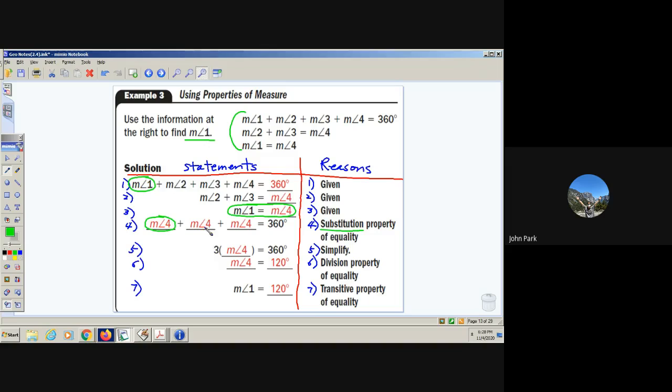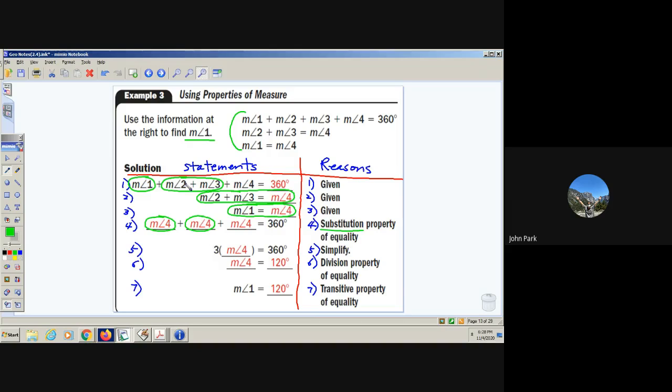Okay. Now this came from the second step here, since I also know that measurement of angle 2 plus measurement of angle 3 is also equal to measurement of angle 4. Notice here, these two, I can substitute with the measurement of angle 4 here.